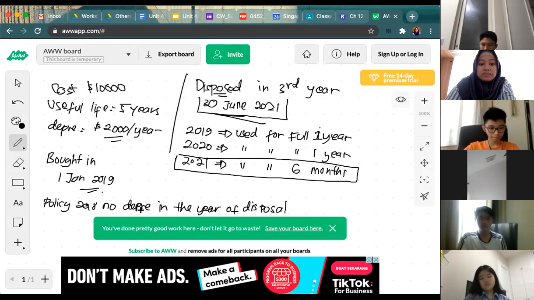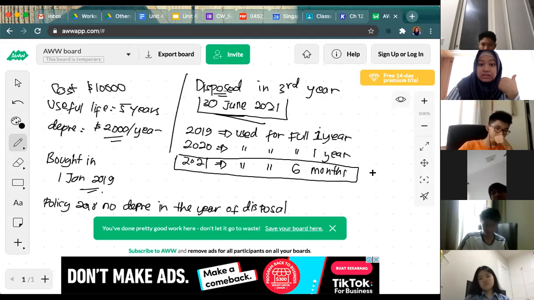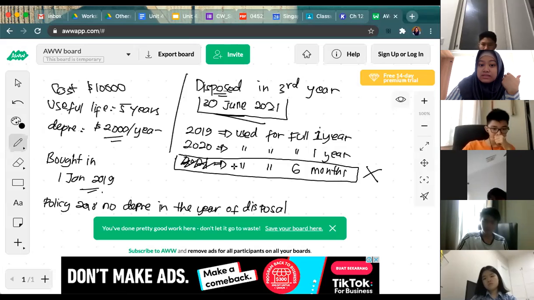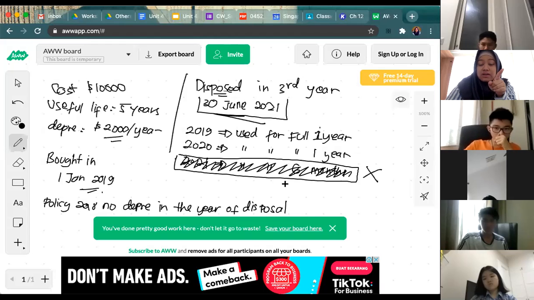Now, no depreciation in the year of disposal, and this usage time, when we're supposed to calculate how much the depreciation is, will be ignored. We will not calculate the 6 months that we used that asset. It's going to be ignored. So what you need to find out is depreciation that has been done in the previous 2 years, the last 2 years. Clear?